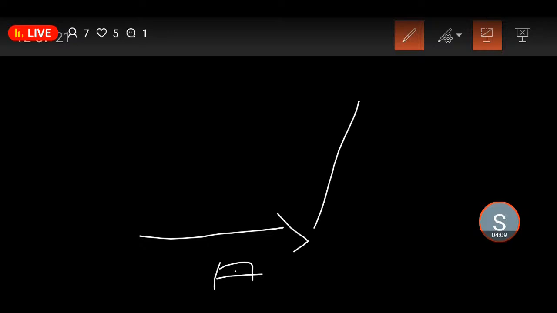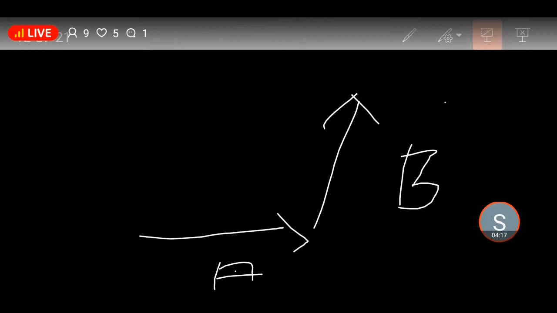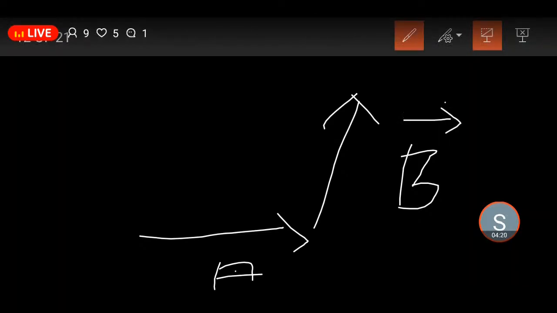Now I was saying triangle law of addition, right? First take a vector A. Let me call this vector A and this vector B. The resultant of these two, if you add graphically, should be like this.